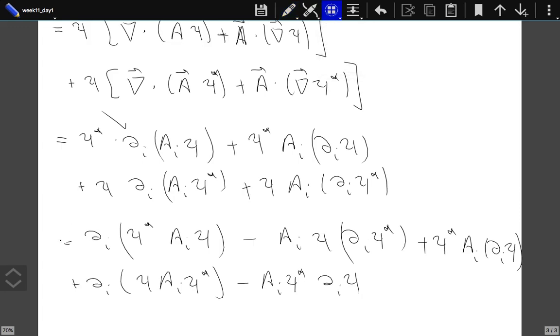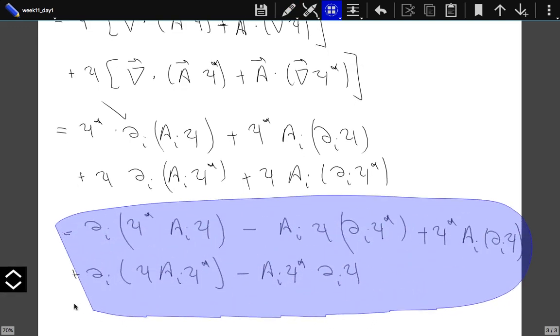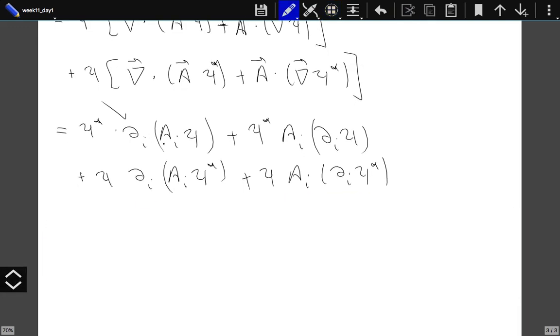If they are all pluses, it's now easy to see what's happening. Look at the first term and the fourth term. When I sum them up, it is nothing but del i of psi star A_i psi.